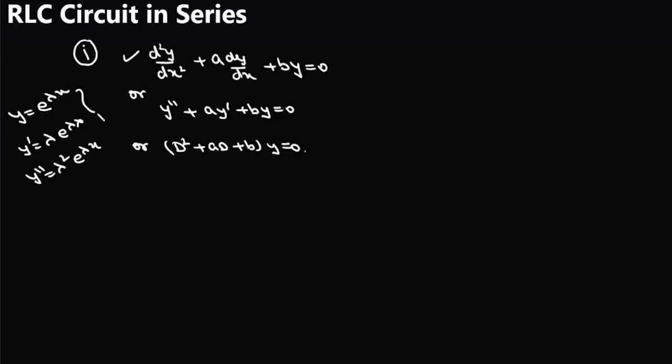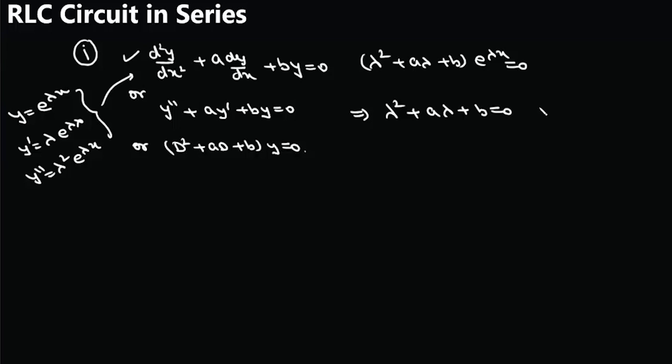We'll replace these in the equation. So we can write (lambda square plus a lambda plus b) into e to the power lambda x equals to 0. From here we get a quadratic equation, lambda square plus a lambda plus b equals to 0, and we call this equation the characteristic equation.